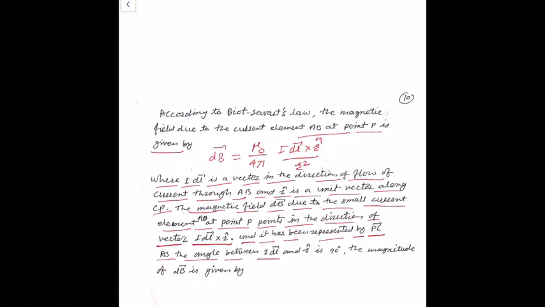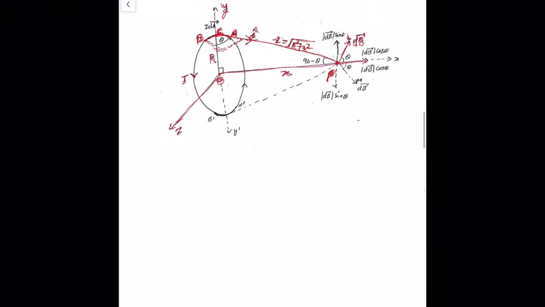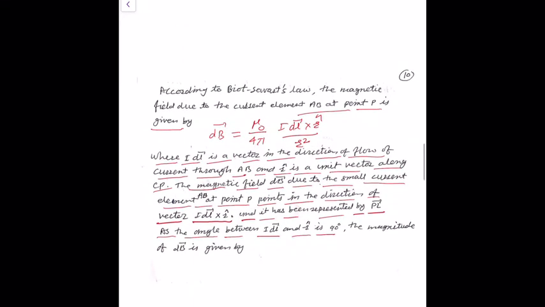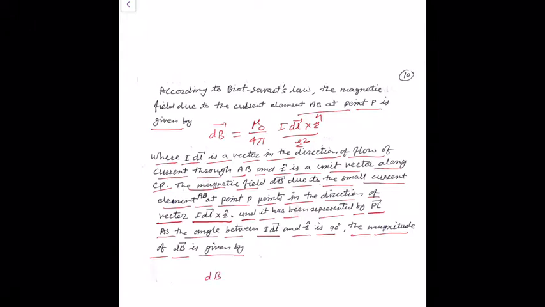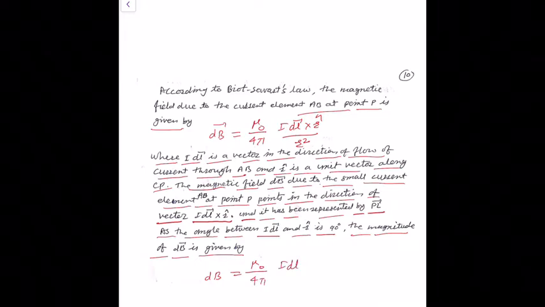As the angle between I dl and r cap is 90 degree, the magnitude of dB is given by dB is equal to mu naught upon 4 pi I dl upon r square.